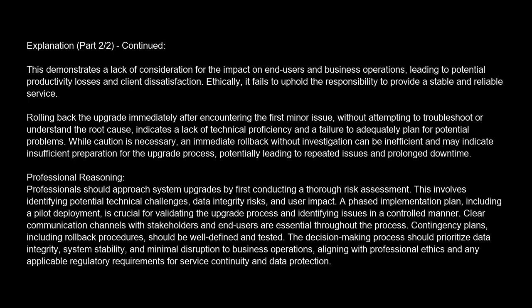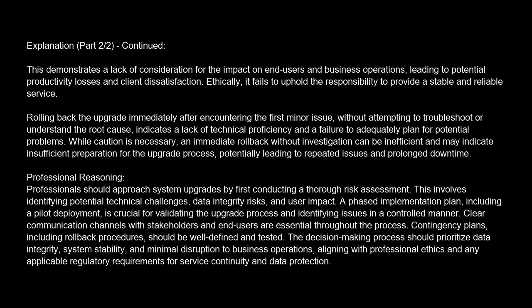Professional reasoning. Professionals should approach system upgrades by first conducting a thorough risk assessment. This involves identifying potential technical challenges, data integrity risks, and user impact. A phased implementation plan, including a pilot deployment, is crucial for validating the upgrade process and identifying issues in a controlled manner.